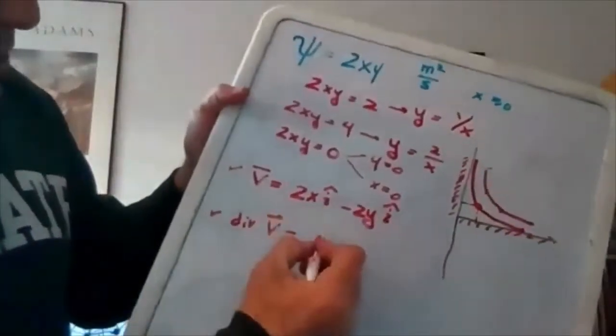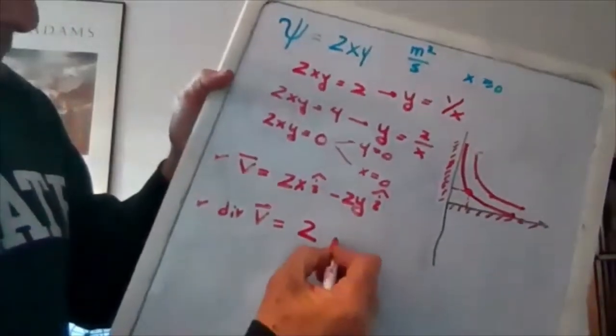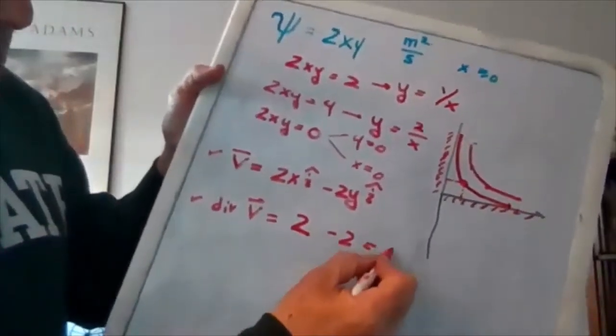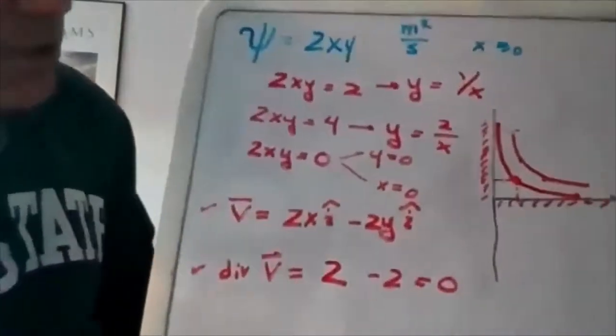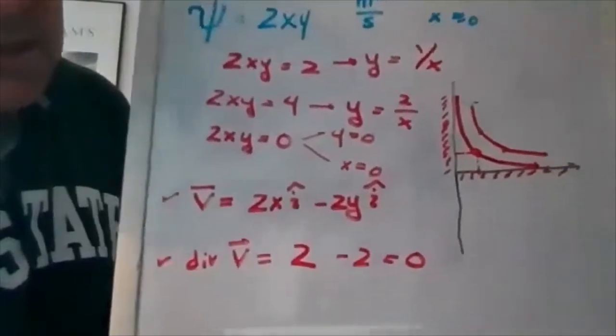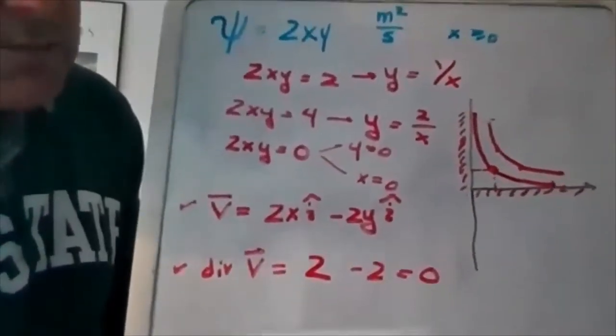So du dx is going to be 2. dv dy is going to be negative 2. And so that equals 0. Okay, so our dilation is 0. And this flow is consistent with incompressibility. So the book is going to say this is incompressible flow.